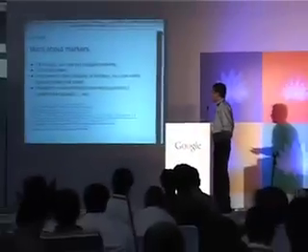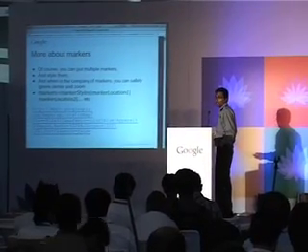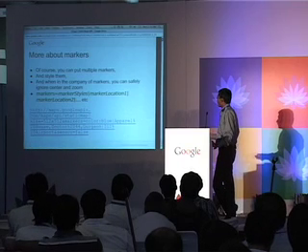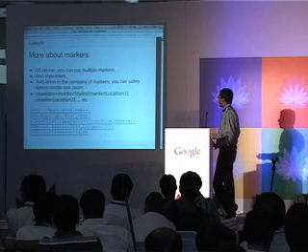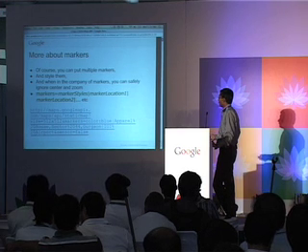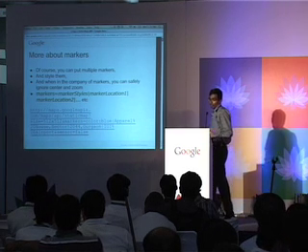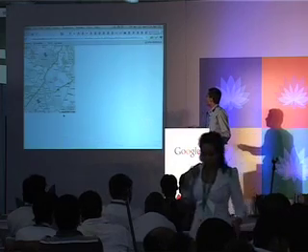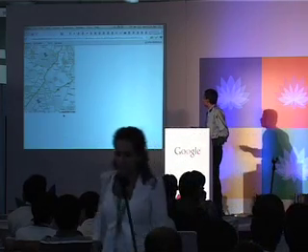You should do URL encoding, you should not just specify pipe, you should do it in a URL encoded fashion. And then we give the location of the first marker, April House, sector 44 Gurgaon, and then we give another marker here, which is the IGI airport. So what you see here is a map with two markers.